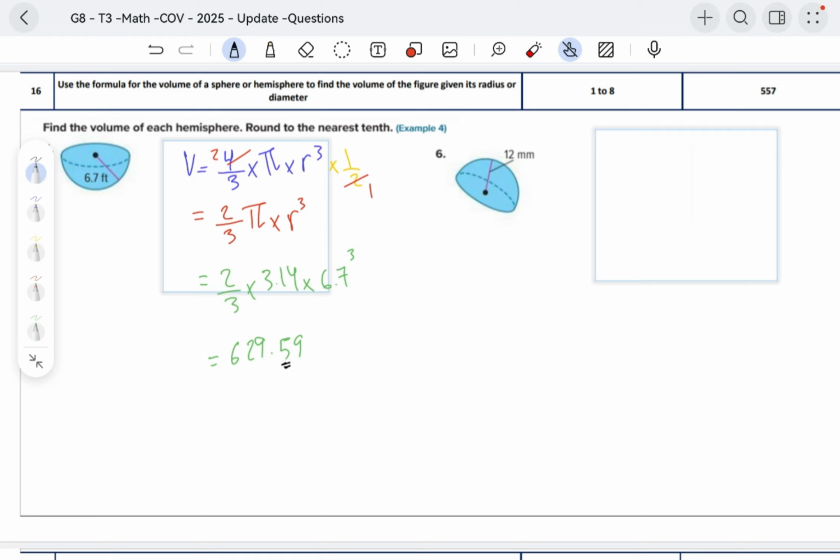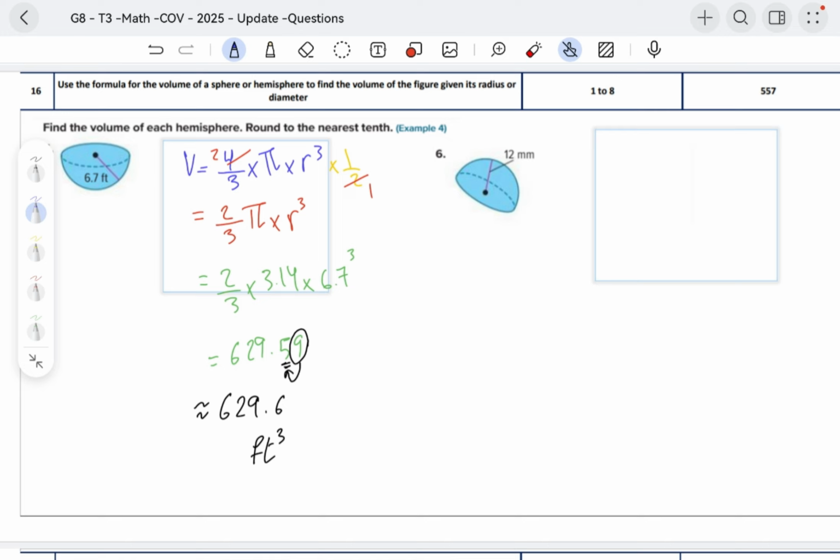This is the tenths, so we're gonna round it up. It will be 629.6. Since here we have a number bigger than 5, we're gonna round it up. If it was less than 5, we're gonna round it down. So the approximate value for the volume of this shape is 629.6 feet cubed.